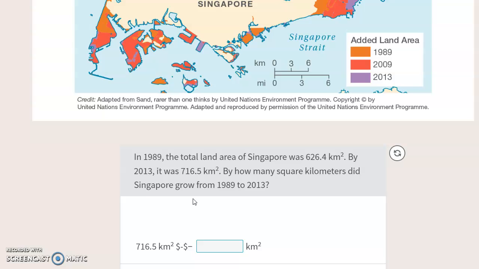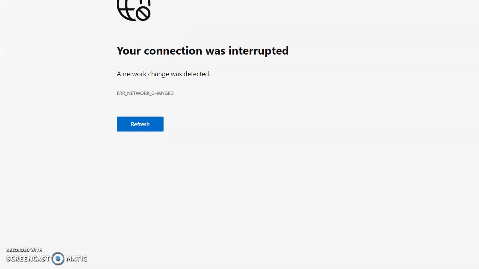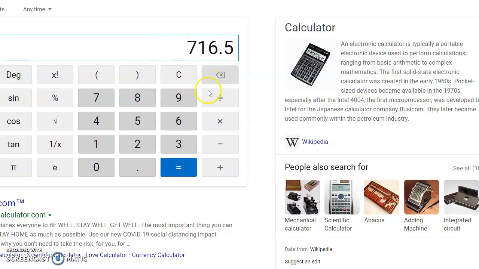So you're going to have to bring up a calculator. Okay, there's the calculator I found in my search. So 716.5 minus 626.4. Those are the numbers they gave me, and that equaled 90.1.